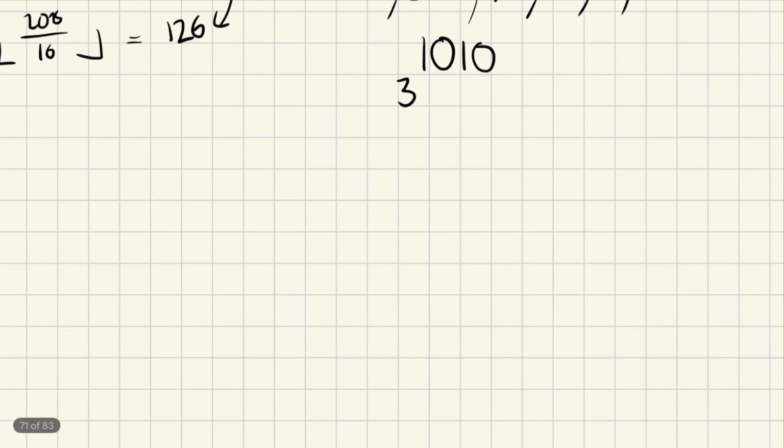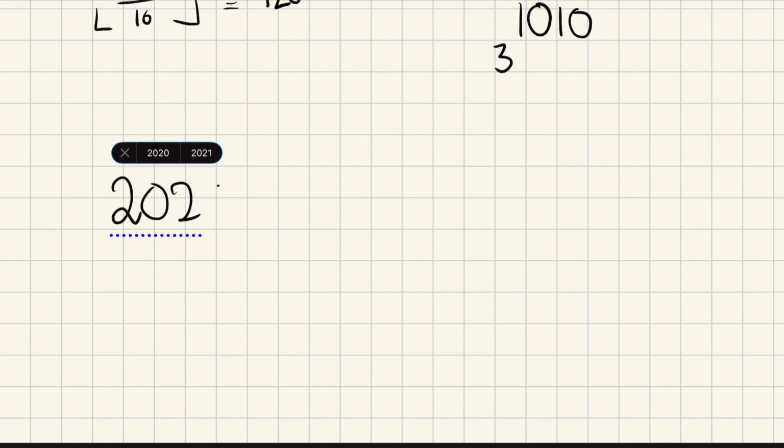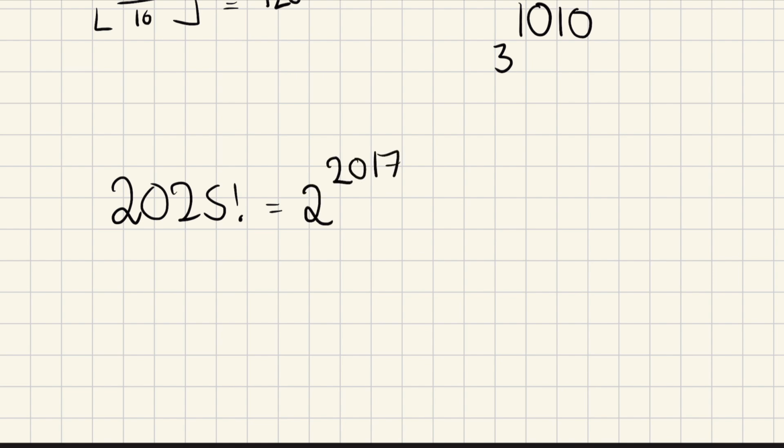So if we put these both together, we're going to get the 2025 factorial. If you take as many 2's and 3's out of it as possible, you're going to get 2 to the 2017 times 3 to the 1010.